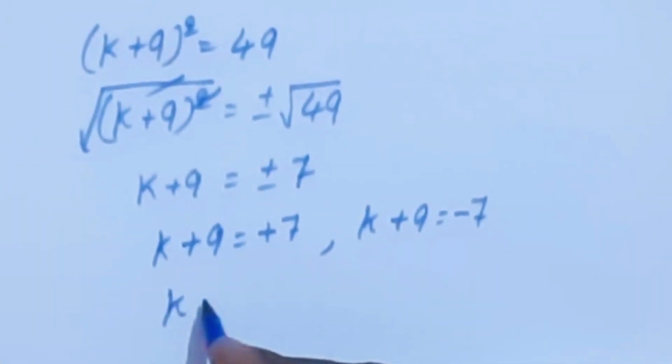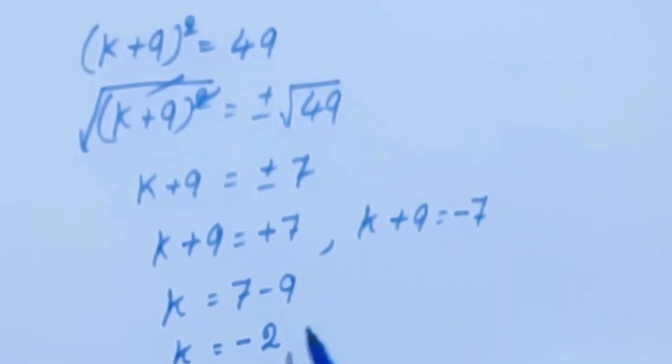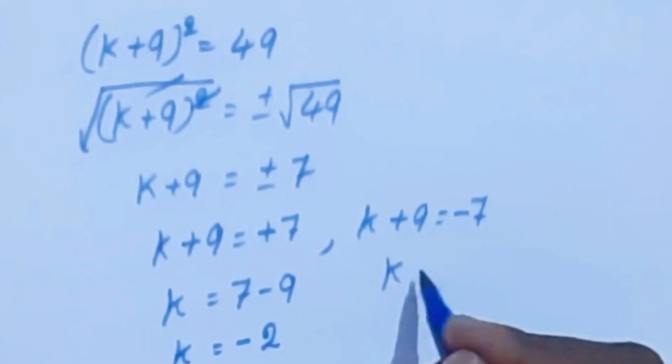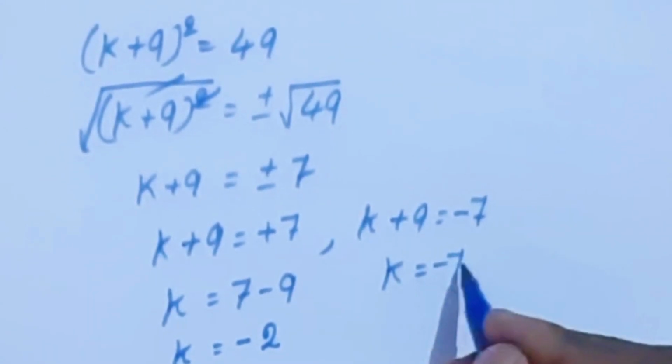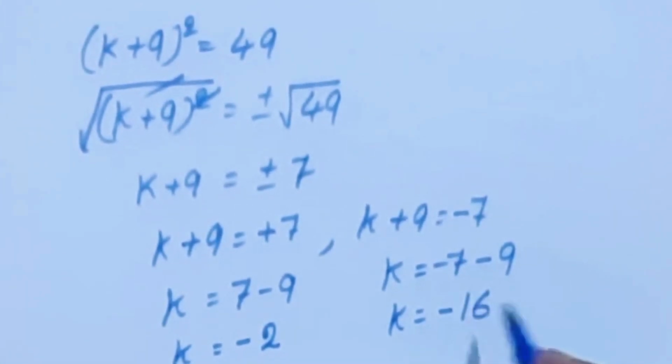From this, k equal to 7 minus 9, k equal to minus 2. And k equal to minus 7 minus 9, k equal to minus 16.